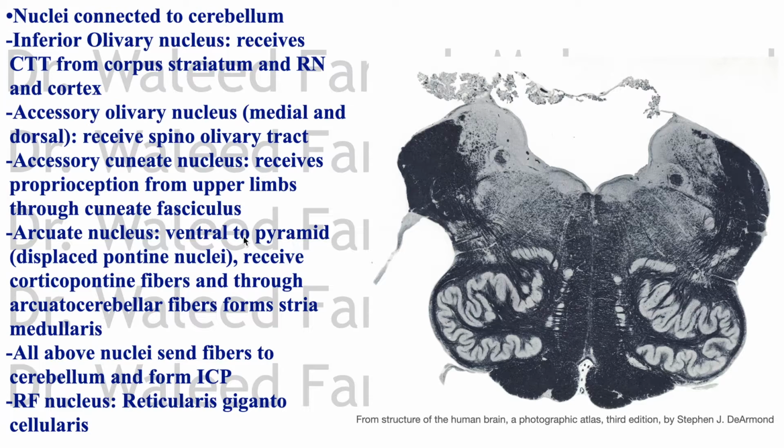Nuclei which are connected to the cerebellum include the inferior olivary nucleus. It's very evident here. It receives the central tegmental tract from the corpus striatum. Remember, the corpus striatum is the part of the lentiform and caudate nucleus that joins anteriorly, and the red nucleus and the cortex.